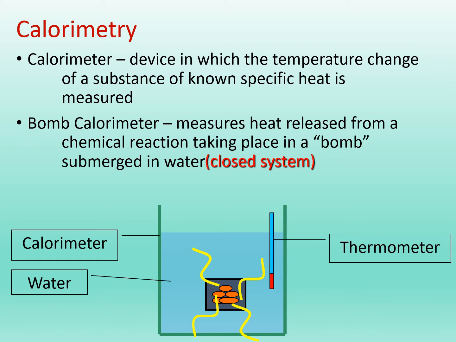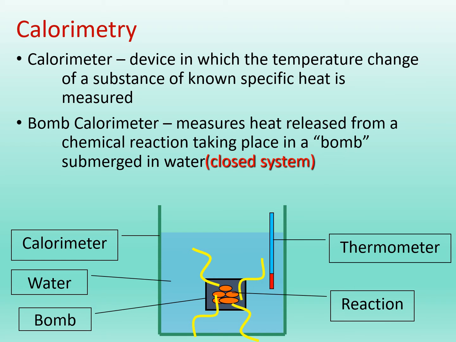It's full of some substance, usually water, occasionally ice water, occasionally some kind of oil, but yeah, usually water. And then we have the reaction vessel, if it's a bomb calorimeter like this one. If it's an open calorimeter, that would look more like a test tube down in there. And then the reaction itself.